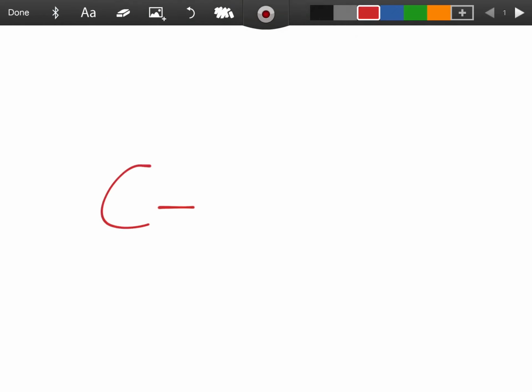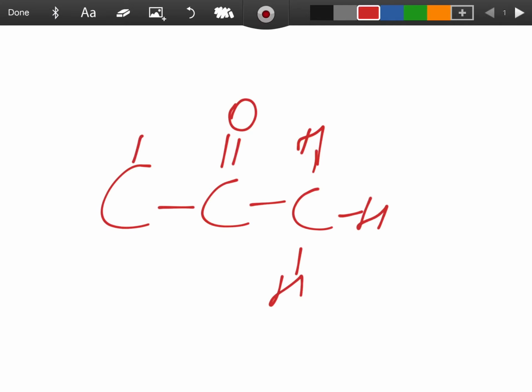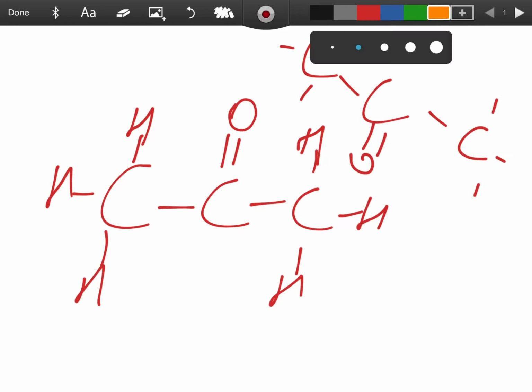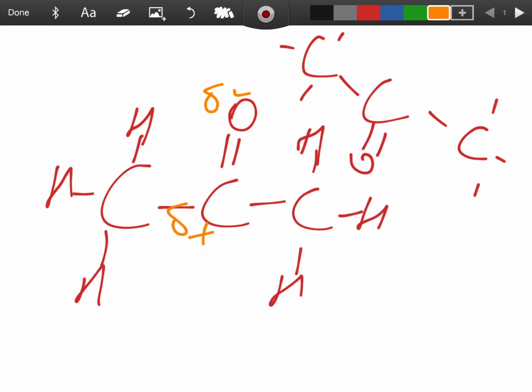Now, in terms of properties of the ketones, with the double bond O, if I draw one propanone and a neighbouring propanone here, look at the polarity: slightly negative oxygen, slightly positive carbon. You do have interaction between the slightly negative oxygen of one propanone and the slightly positive carbon of the neighbouring propanone.